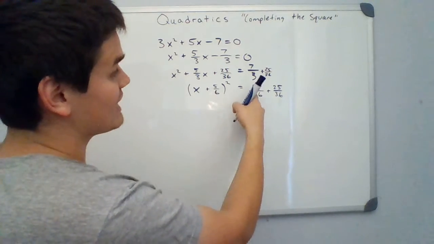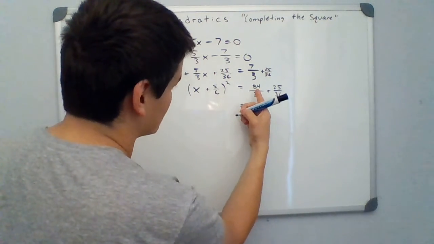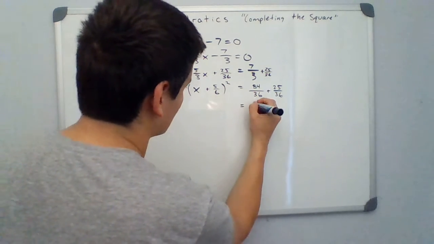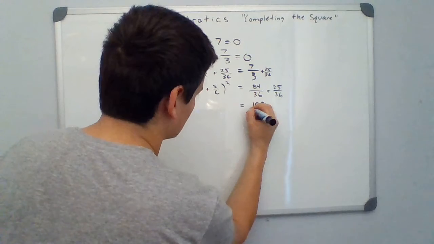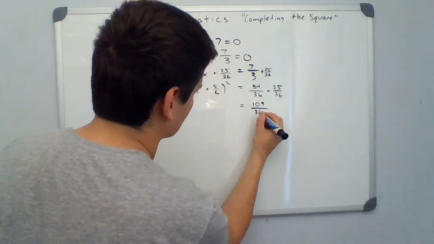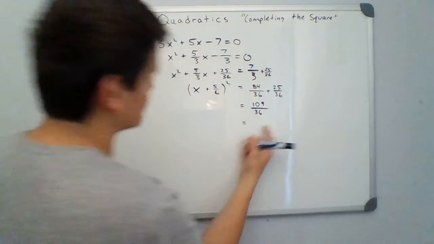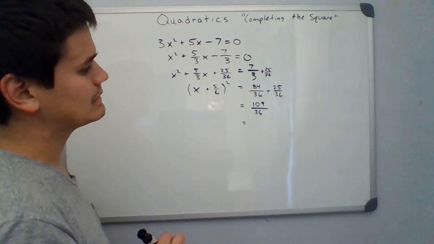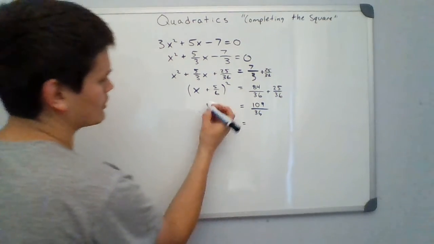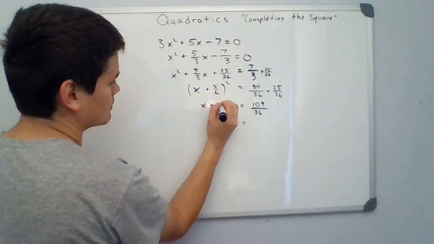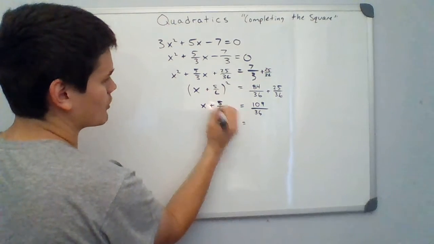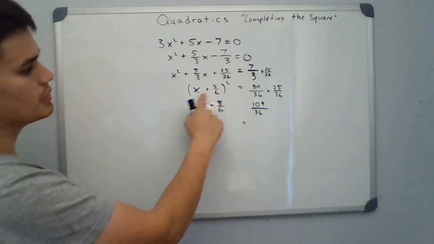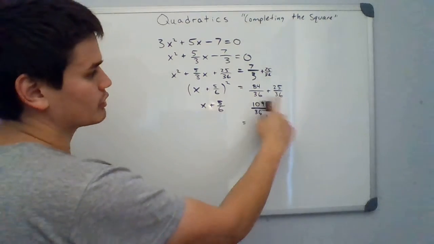Okay, so then I can add 84 and 25. It's going to be 109 divided by 36. And then I'll see if I can reduce that anymore. I don't think that can reduce anymore, but correct me if I'm wrong on that. So this is going to be x plus 5/6 squared is equal to this rational number, 109 over 36.